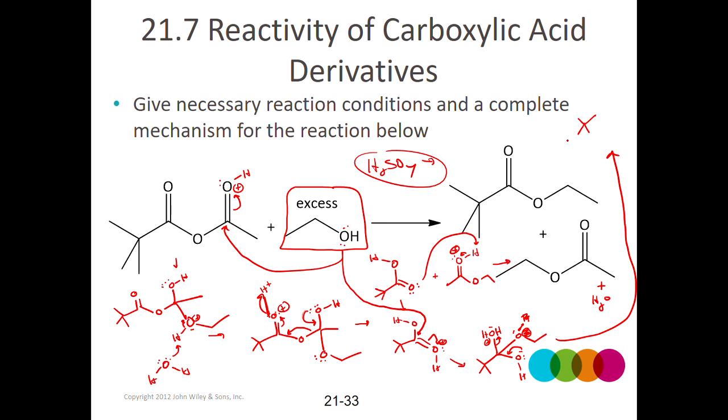This electron pair gets swung back in there, so it reforms a double bond. And I still have the OEt there. And so then this proton will be picked off by ethanol, and that will give you the other product.